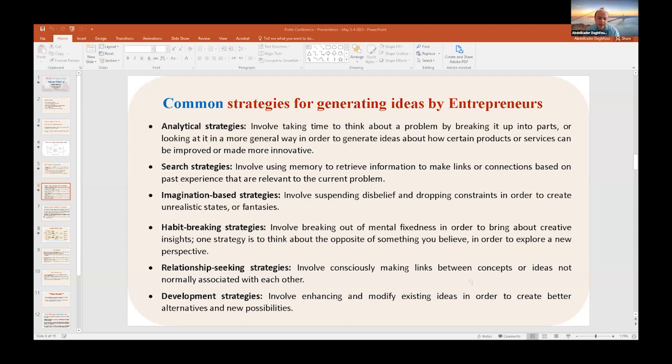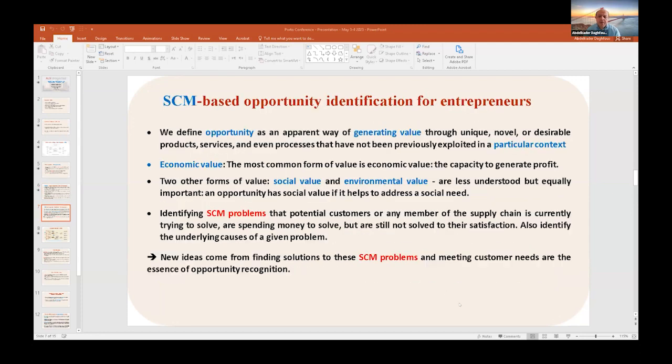One thing that is quite new and growing very fast, and this is the focus of my research, is using supply chain management for opportunity identification for entrepreneurs.